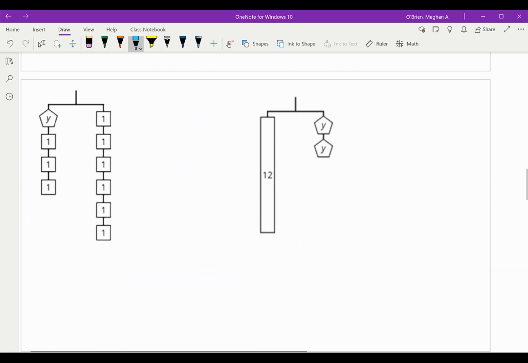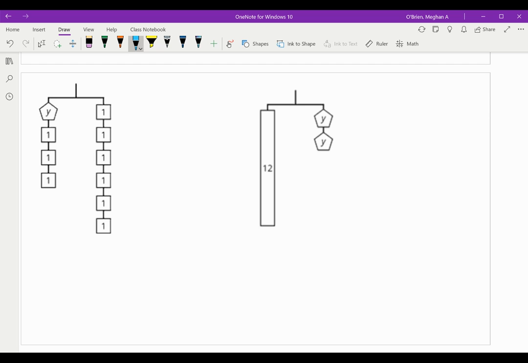Okay, look at these hangers. Let's write equations to represent them and then solve for the unknown. Over here, we have a weight labeled y plus 3 more weights being equivalent to 6. Can you think through that?